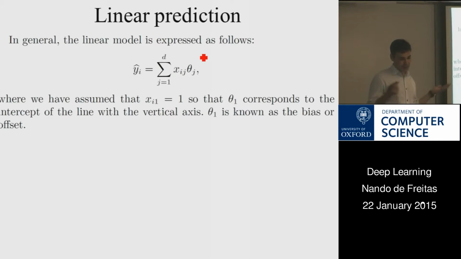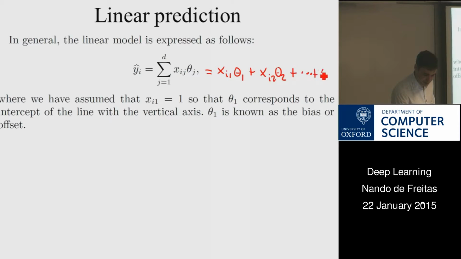So if you generalize it to higher dimensions, instead of just having theta naught plus theta 1 times x1, you would now have d thetas. So you have x i1 theta 1 plus x i2 theta 2 all the way to x id theta d.